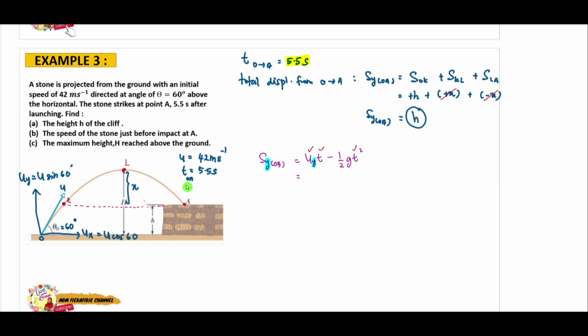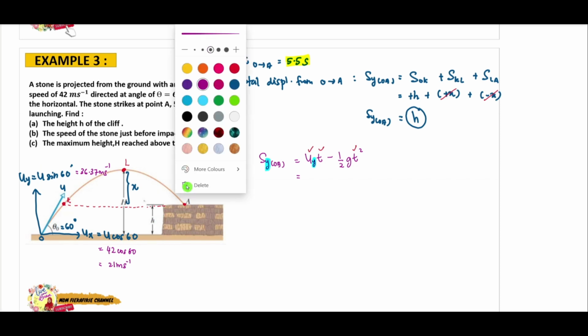Masukkanlah, nak kira asing pun boleh. U tadi kan dah dapat kan, U 42 cos 60. So berapa? U 42 cos 60, let's say 25 meter per second. And then U sin 60 you kira so you akan dapat 36.37 meter per second. So let's substitute here. So kita guna yang tebal sikit.